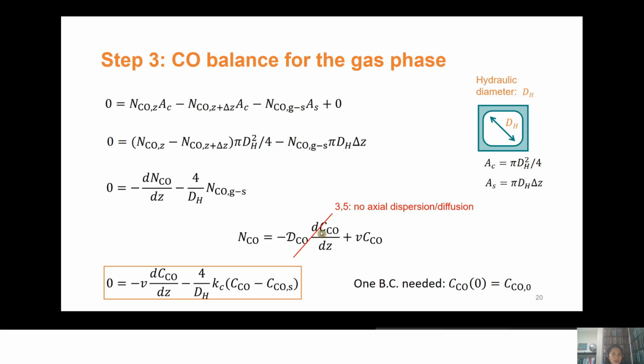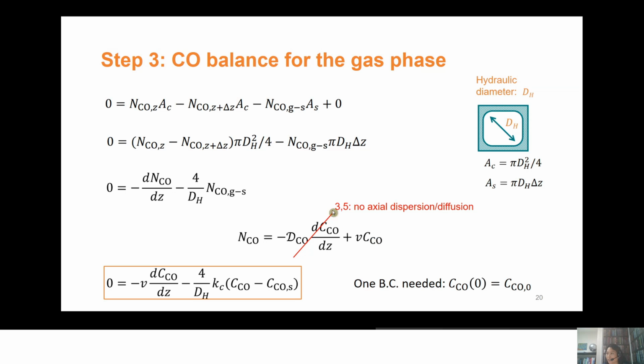For those of you who ask how to model dispersion, here it is. You should know this already from your previous modules. And this is the convection term. However, we assume that there will be no axial dispersion or diffusion.